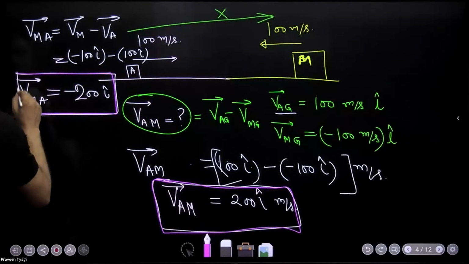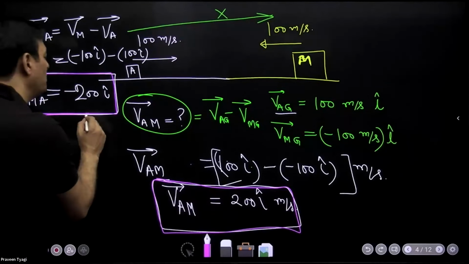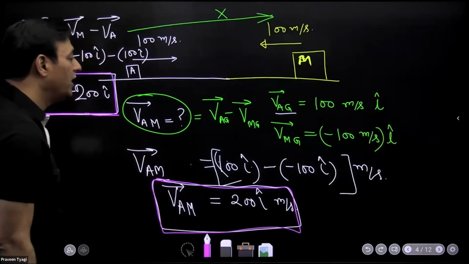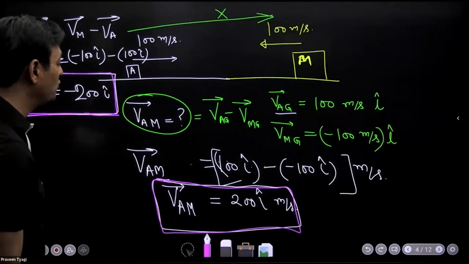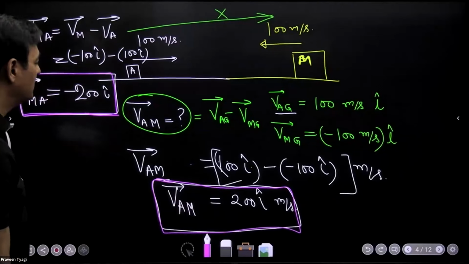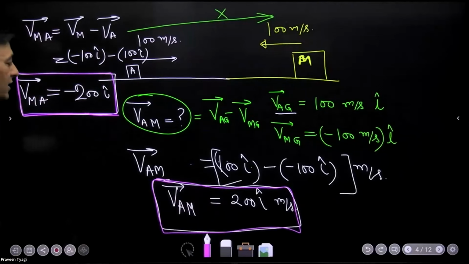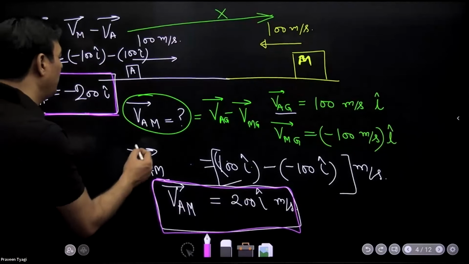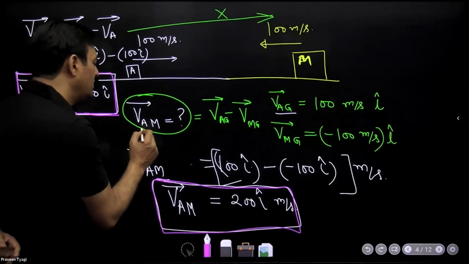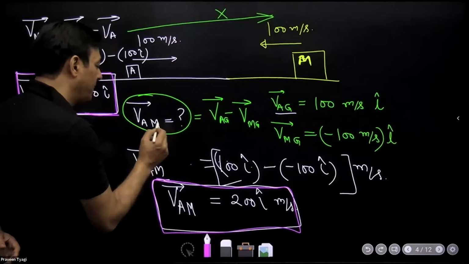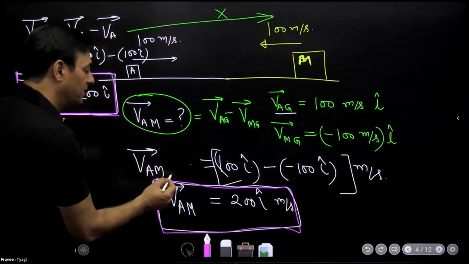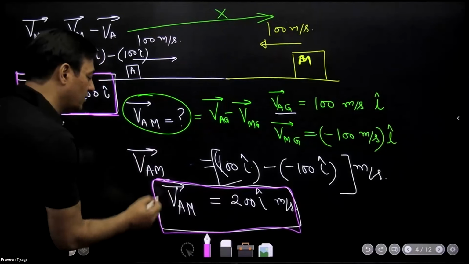And now, if all of you will give me your full attention, you will enjoy the future learning. Otherwise, you won't. Now, just see this. When I say I am going to find velocity of Adi as observed by Minasri, VAM, who is the observer here? Who will tell me?